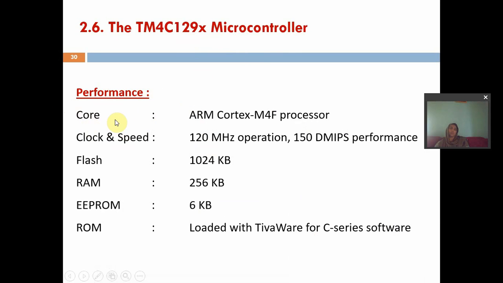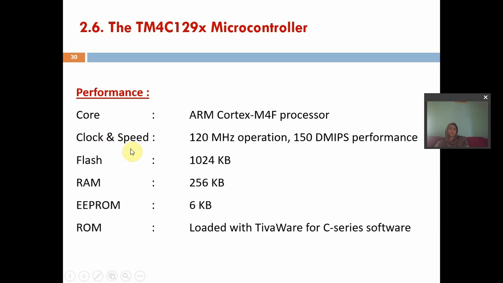So the core of a processor, core is nothing but microcontroller. We are using the ARM Cortex M4 processor. It is a 32-bit RISC processor, and it has load store architecture, and it supports hardwired architecture where data and instruction memory is separate.